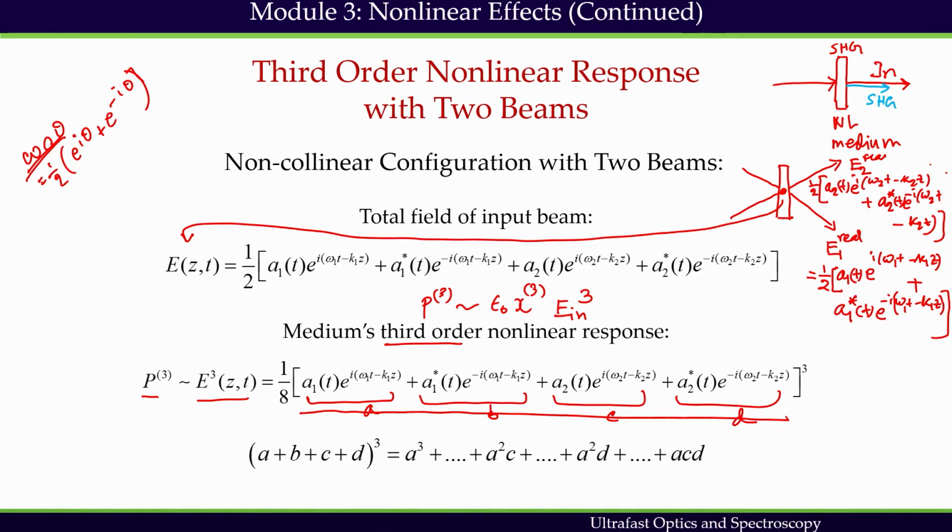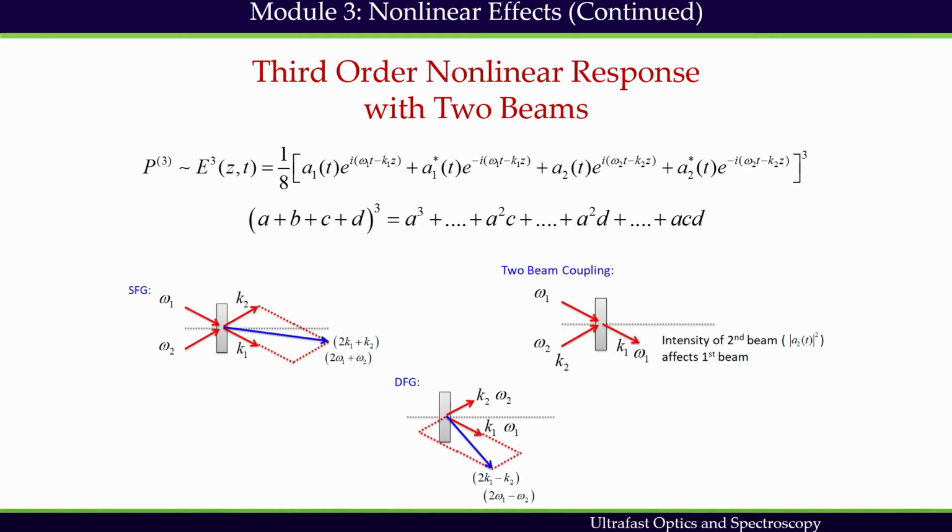Now we will quickly go over each one and then come back to the term which we are interested in this lecture. If we look at the A cube term, let's say I am interested in the A cube term.